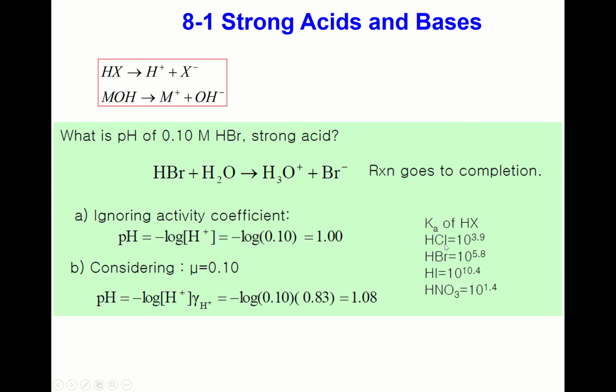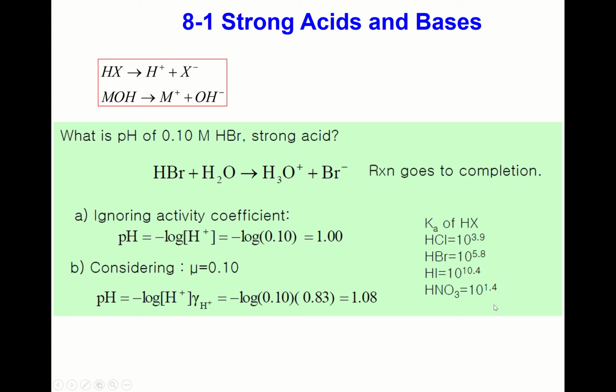For example, for hydrochloric acid, the dissociation constant is about 10,000. For HBr, maybe 100,000. Oh no, 1 million, just less than 1 million. For HI, it is very large.